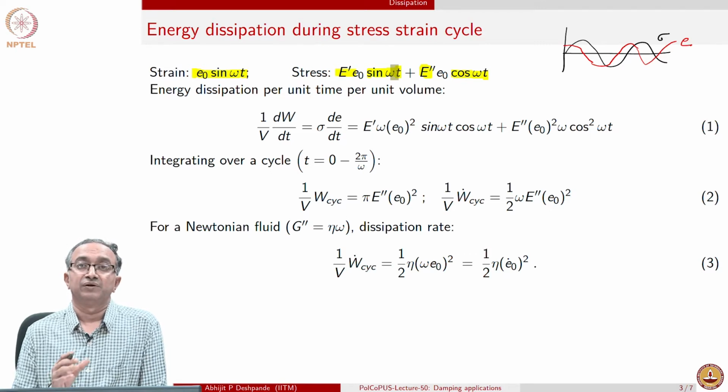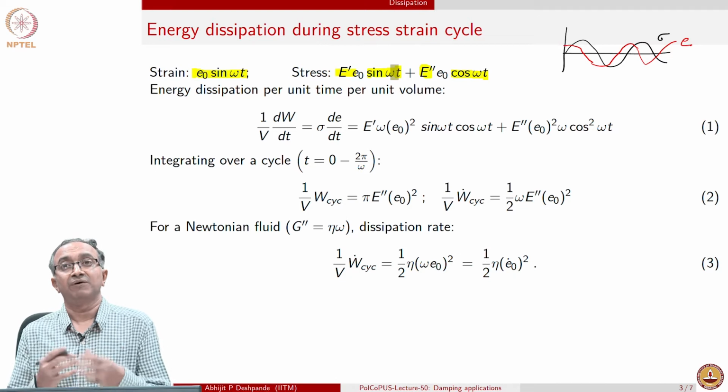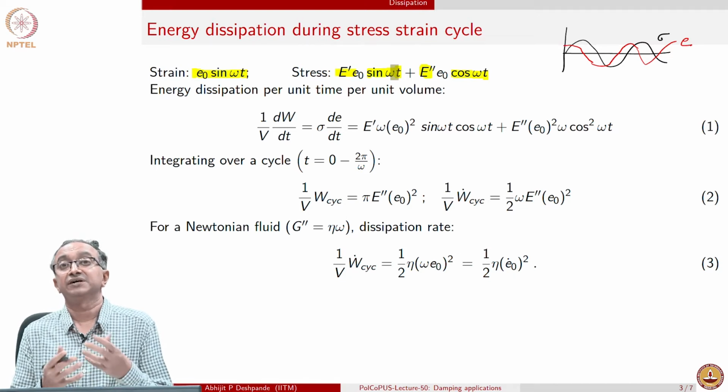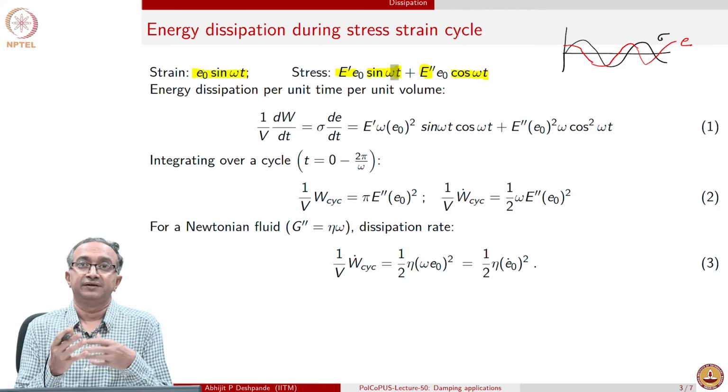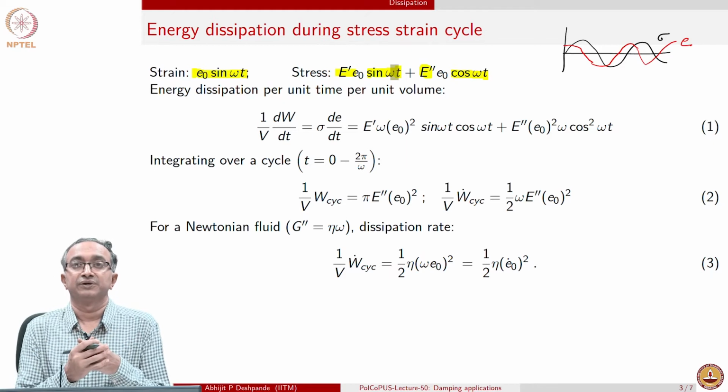And now the energy dissipation is based on the amount of stress that the material is subjected to, and the rate of change of strain. So, this you can think of in terms of the work being done, and work being done is force into distance, and the rate of work being done will be force into distance per time.